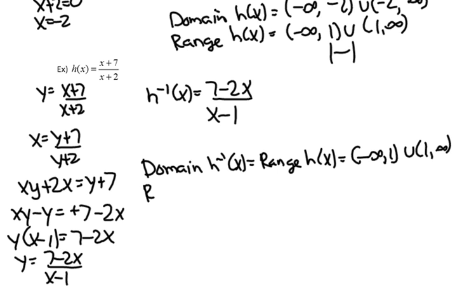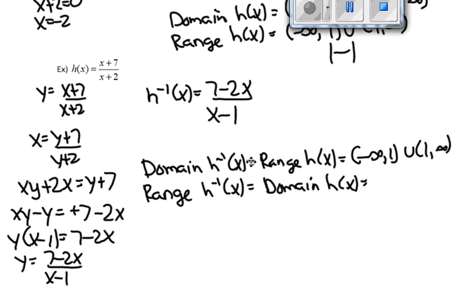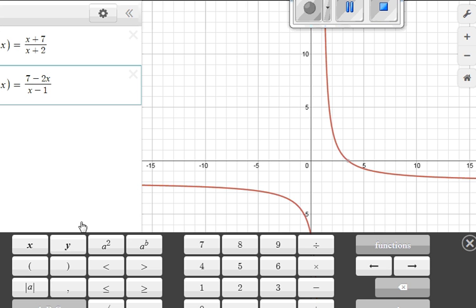Now, the range. Okay, should be the same as the domain. So to help us determine the domain, let's go back to Desmos.com. So I have now graphed (7 minus 2x) divided by (x minus 1).